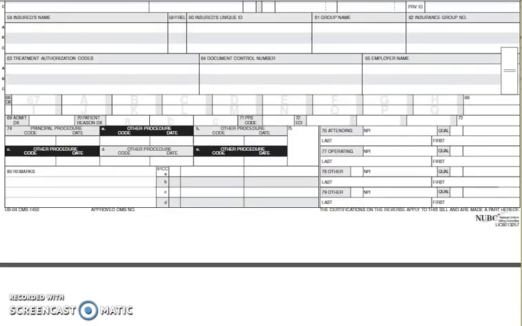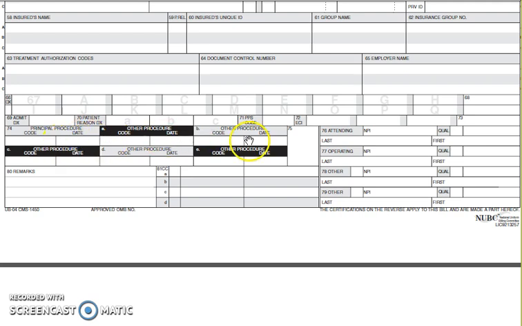And then the coding information is form locator 66 through 74E. This will be ICD-10 codes and ICD-10 PCS, the procedure coding systems here.